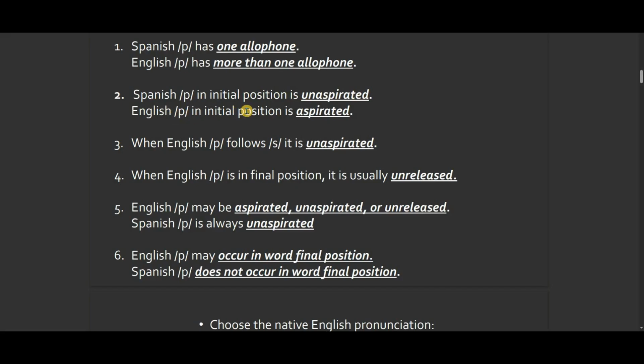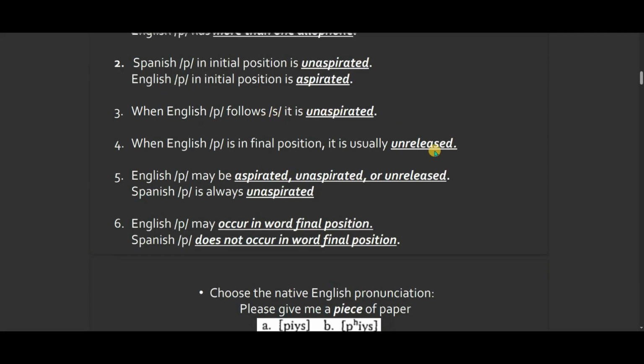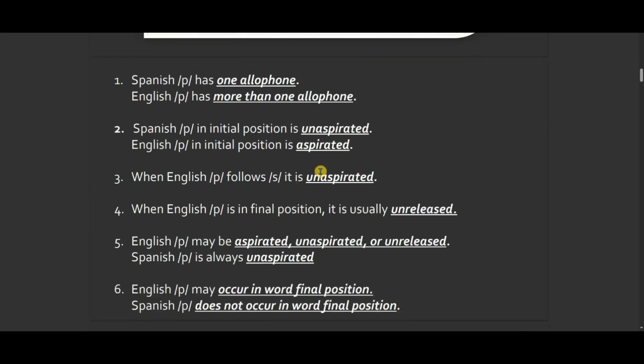English P in initial position is aspirated. Number three, when English P follows S, it is unaspirated. So like in this case, right? English P right after the S. So SP, SP, SP. So that becomes unaspirated.